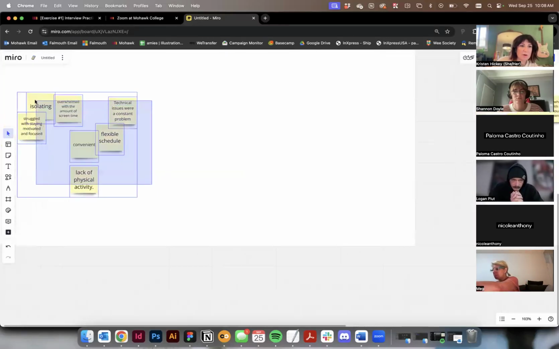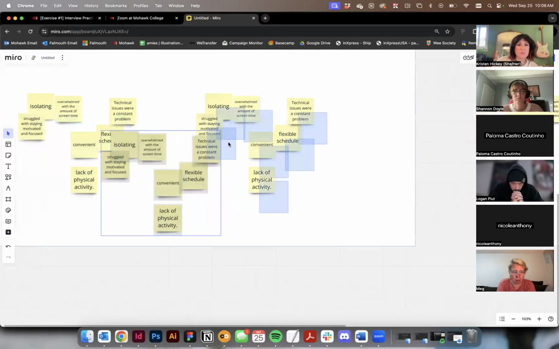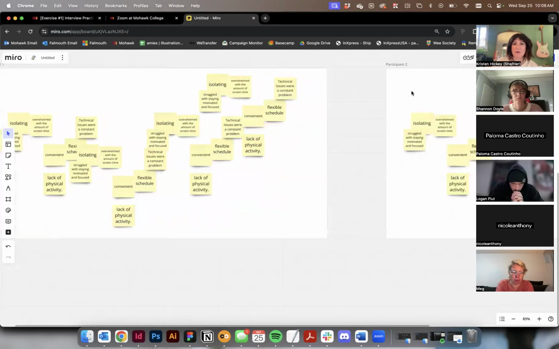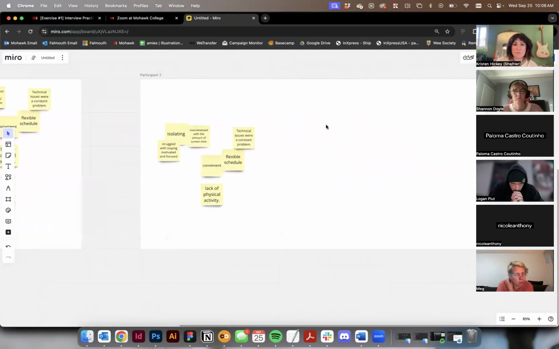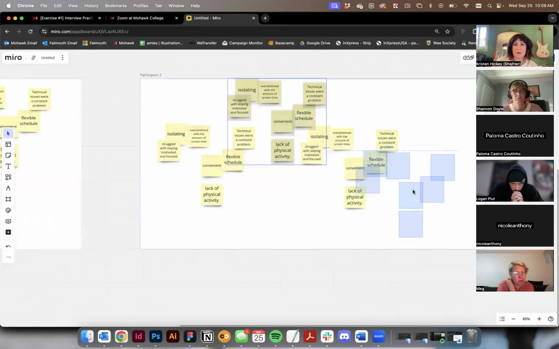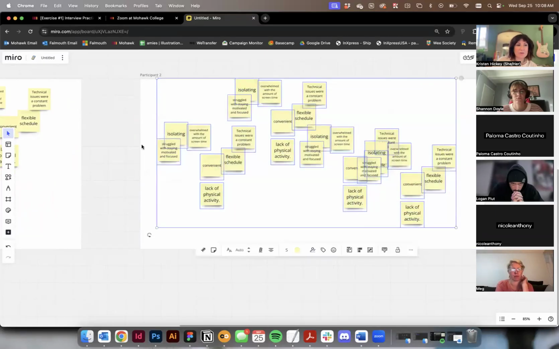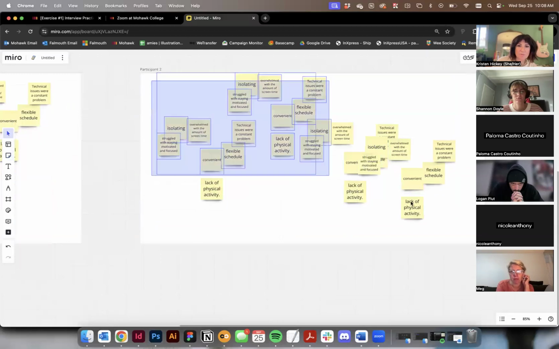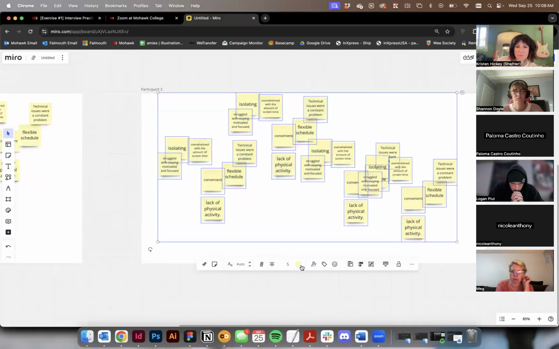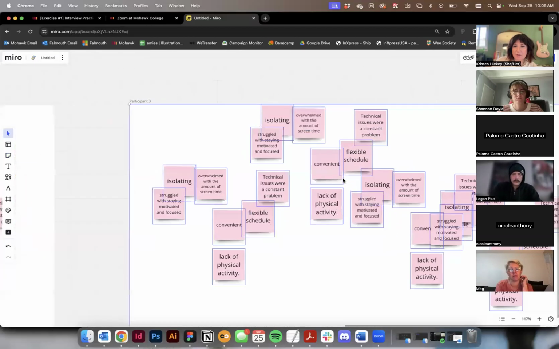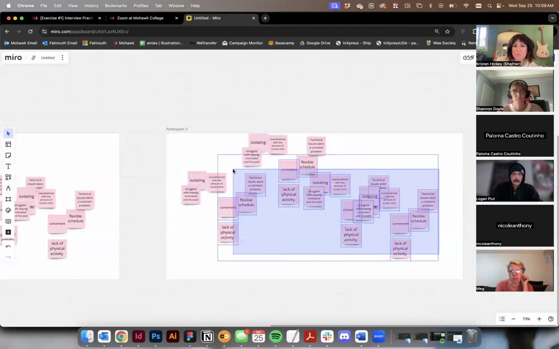So say participant 1, there's a whole bunch more on here. Here's everything this person said during the interview. So I got everything on there. Now I have participant 2. A whole bunch more here. But what is generally done is we change this to another color and then say participant 3.